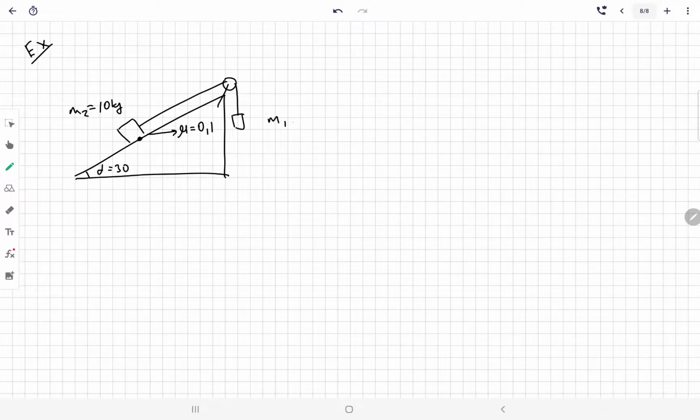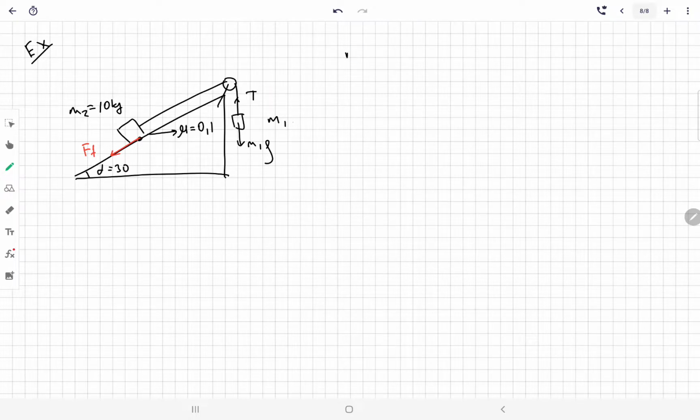So in this case, let me consider when friction force is directed downward and it almost reached its maximum value, but it's still stationary. So I will consider this moment. Downward we have a M1G and upward we have a tension.